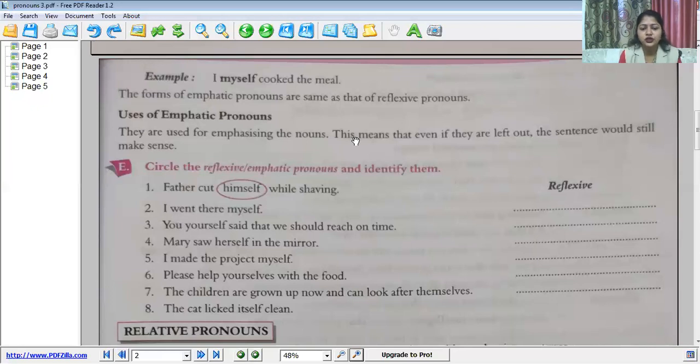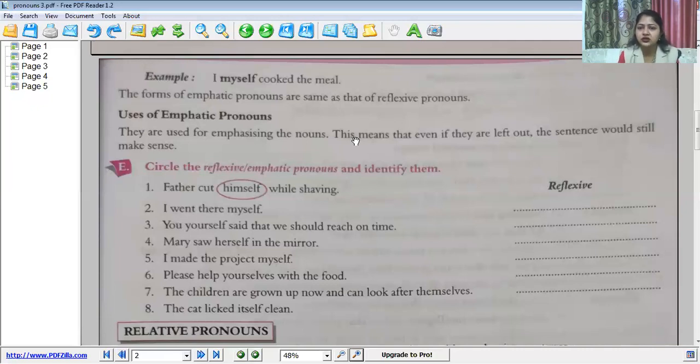Sixth one, yourself, you'll circle, it's reflexive. Seventh one, themselves, you'll circle, and that is reflexive again. And the last sentence, itself, that again is a reflexive pronoun. So got it, children, how you will identify the reflexive and emphatic pronouns?